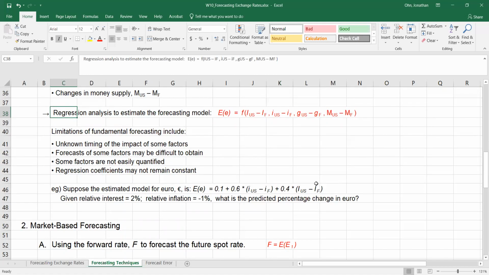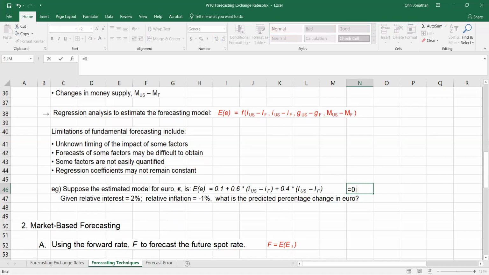Given our relative interest rate is 2% and relative inflation is minus 1%, what would be your predicted percentage change in the euro? It's simple. Just enter the relative interest rate here, and relative inflation here. So let's calculate this one.